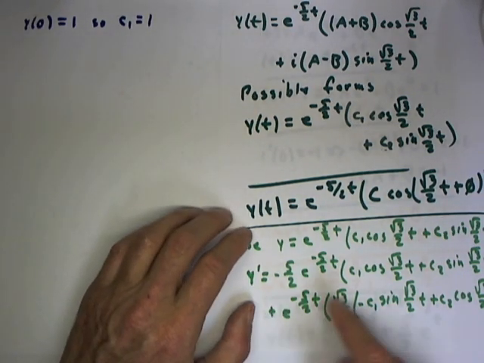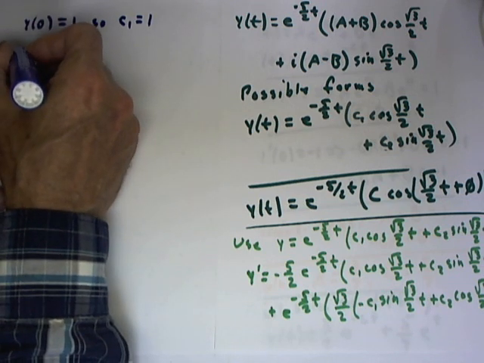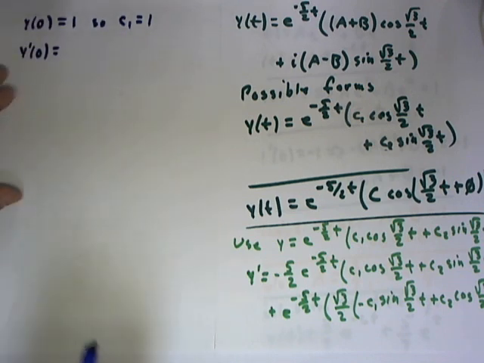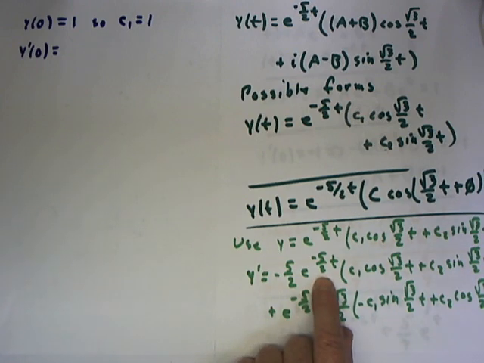Now we're not going to be that lucky with y prime, so let's see what we get for y prime. Okay, y prime of 0 equals what? Well, it's negative 5/2 e to the 0, so that's going to give us negative 5/2.